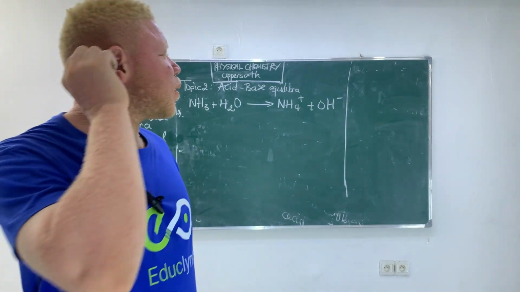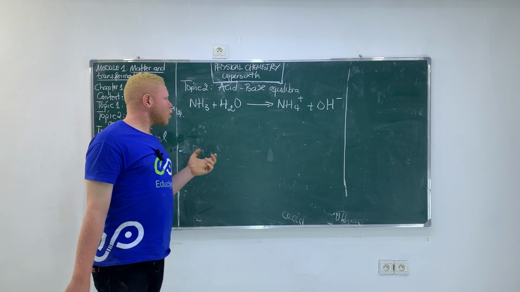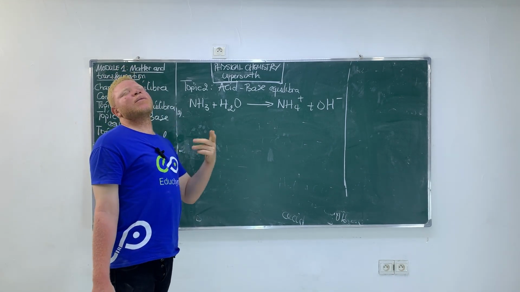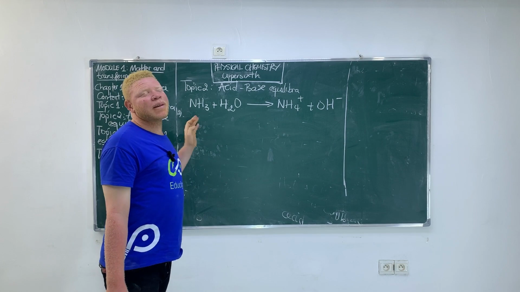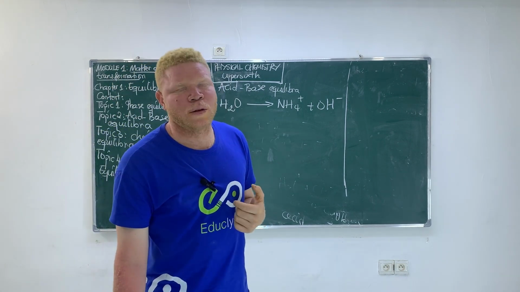Let's start with the acid first. An acid is a proton donor. So in this case, we are checking the one that has donated the proton. A base is a proton acceptor. A base is a species that has accepted a proton.